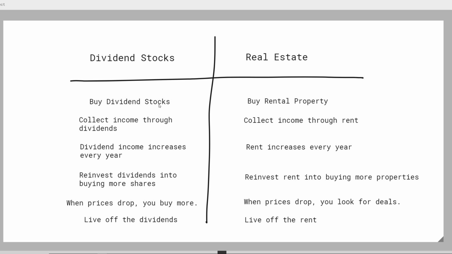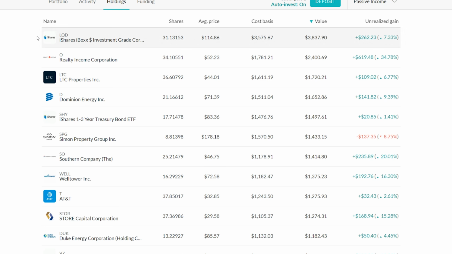I really view my dividend stocks as like buying individual rental properties. I want to collect income through them, like rent. I want that rent to increase year over year. I want to reinvest that rent into buying more properties. If the prices drop, I'll look for deals and I'll try to more aggressively pick them up. And then eventually the goal is to have it be something that subsidizes my cost of living, that helps support my lifestyle later on.